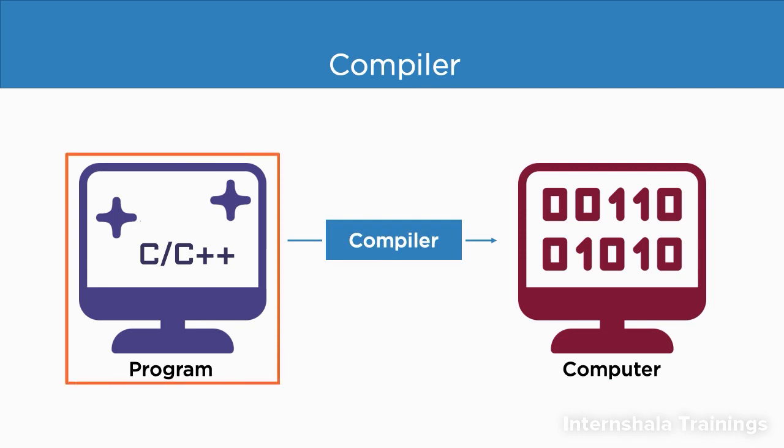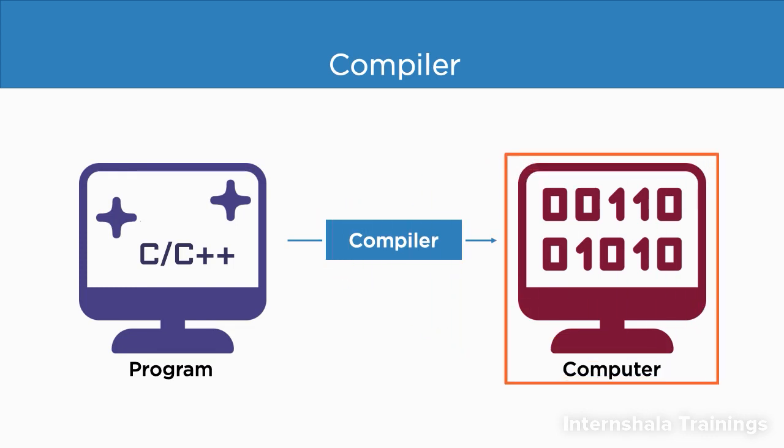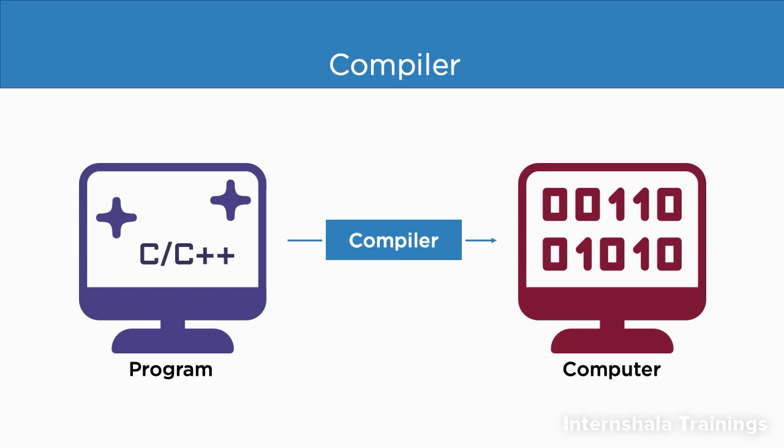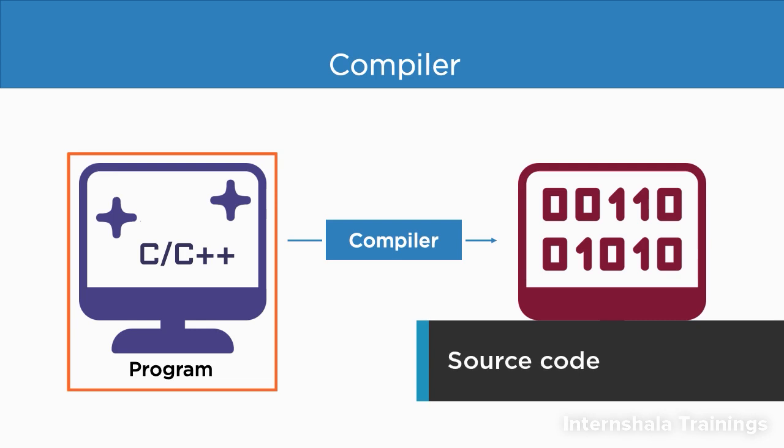So basically when you write a program, you give it to a compiler, which in turn converts your program into a format which is understandable by a computer. Nice and simple. So this is the purpose of using a compiler. Now, when you write a program, then that program is generally known as source code.